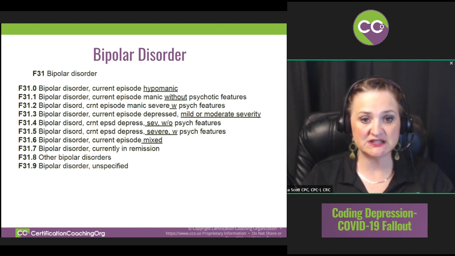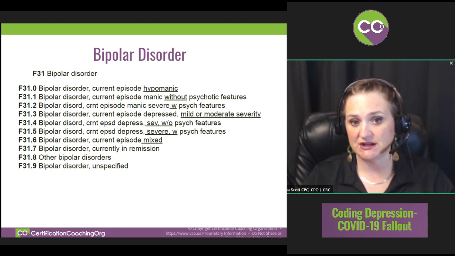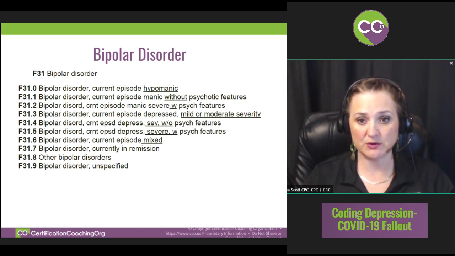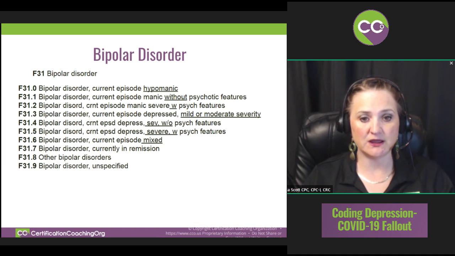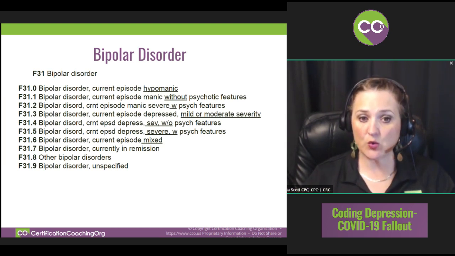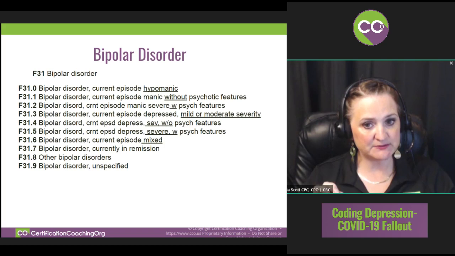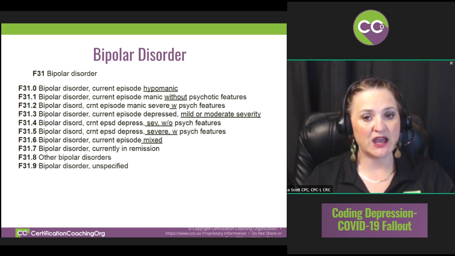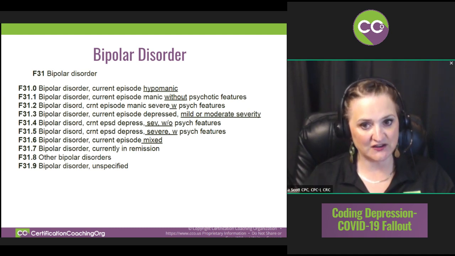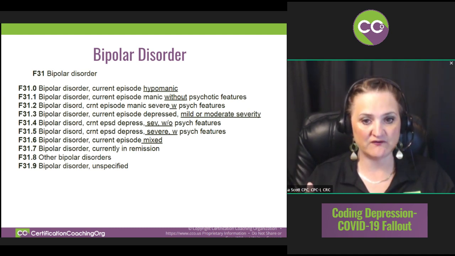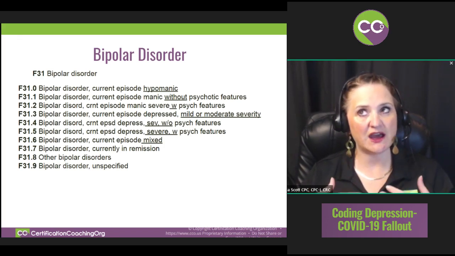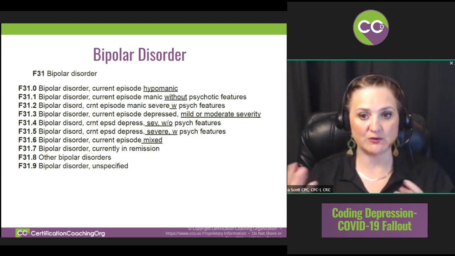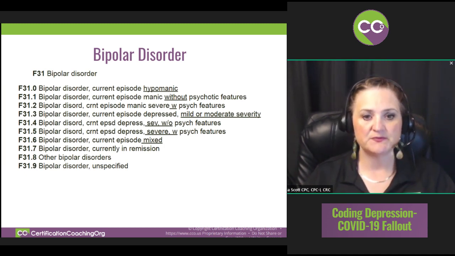So up to depressed with the bipolar, and then mild or moderate severity. Now, point 4, similar, still have depressed, severe, without psychotic features. 5, we have severe with psychotic features. That's whenever they have psychotic features with all codes.